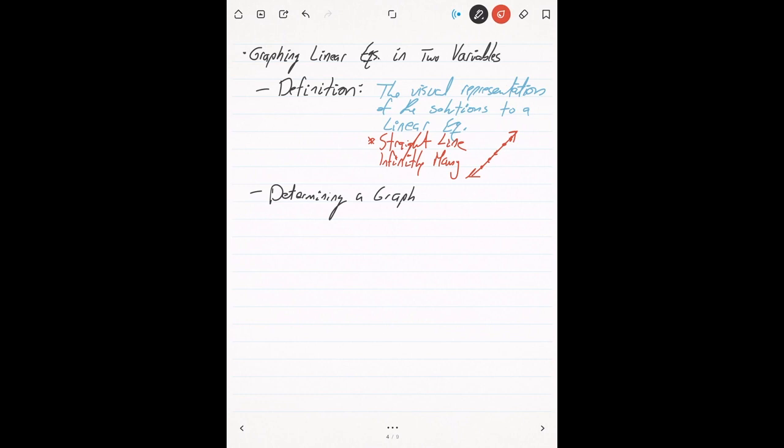When it comes to actually determining what the graph of a linear equation is, the question really is, well, what are the solutions to the equation? How do we go about and find what the solutions are? Because once we know the solutions, then we can plot them very easily. So, how do you go about and find solutions to an equation?